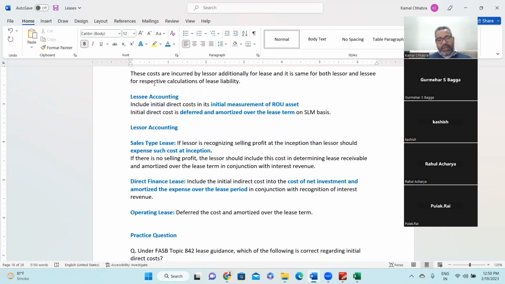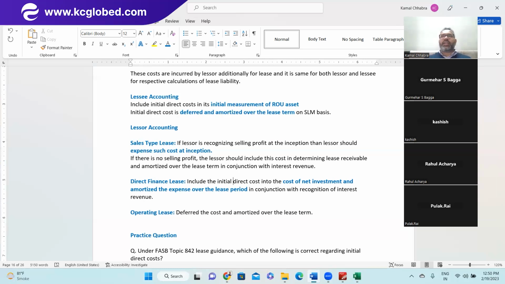In case of direct finance lease, include the initial direct cost into the cost of net investment and amortize the expense over the lease period, because here you will be recognizing profit also over a period of time. Hence, for the matching concept, this initial direct cost you also need to amortize over the lease term. Last one is operating lease. In case of operating lease, you defer the cost and amortize it over the lease term.